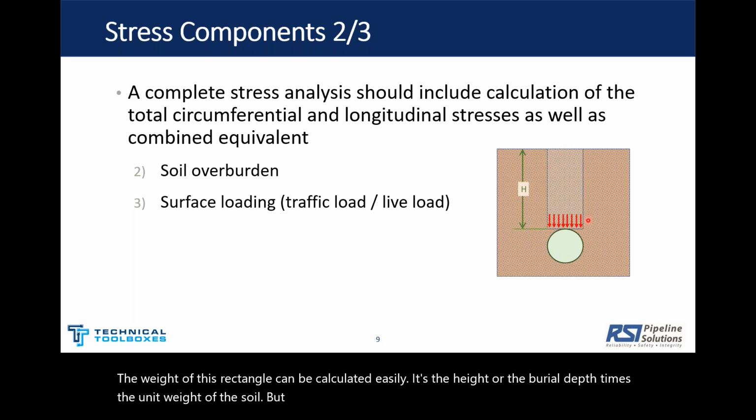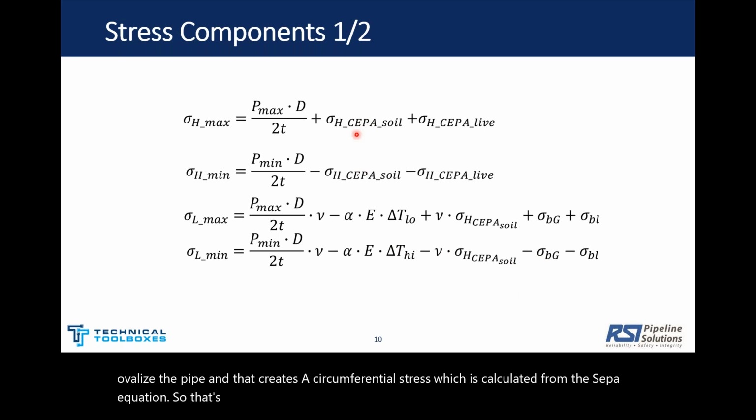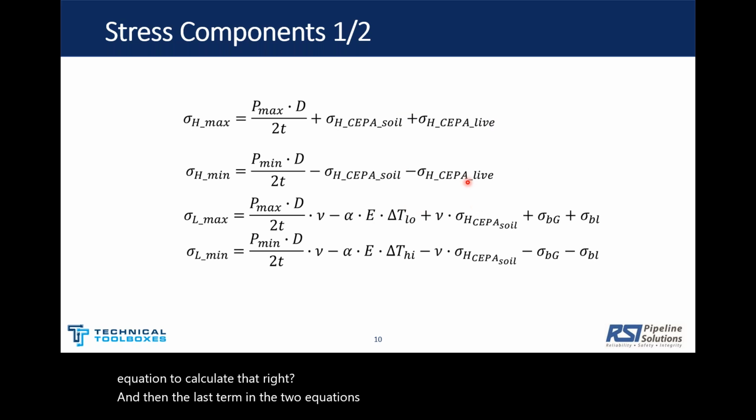But when you have that pressure acting on the pipe, it tends to ovalize the pipe, and that creates a circumferential stress, which is calculated from the CEPA equation. So that's why here I have in the subscript, it says CEPA, because we use the CEPA equation to calculate that, right?